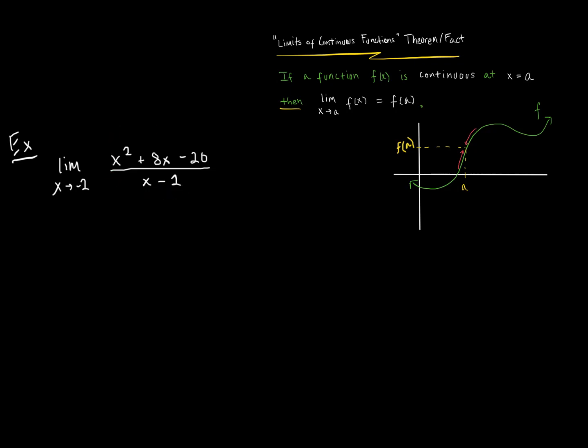And because we've looked at many rational functions, this is a rational function, we know a rational function is only going to be undefined, in other words, it's only going to be unable for us to actually draw the function in a nice smooth curve when the denominator is 0. So as long as this value doesn't make the denominator 0, we should be in really good shape.